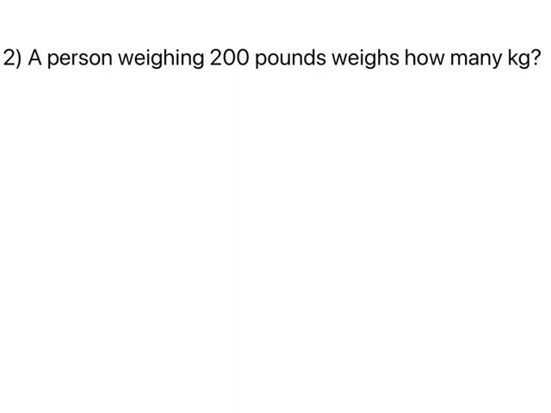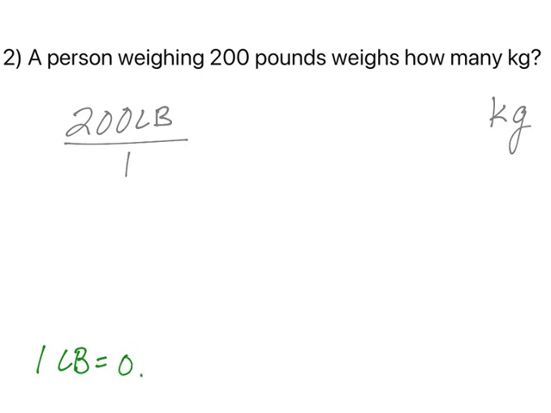Let's do the next one. A person weighing 200 pounds weighs how many kilograms? Okay, so again, we're starting with 200 pounds. I want to be in kilograms. Okay, so check out your conversions. What do you know? Well, I know that 1 pound is the same as 0.4536 kilograms. Great.